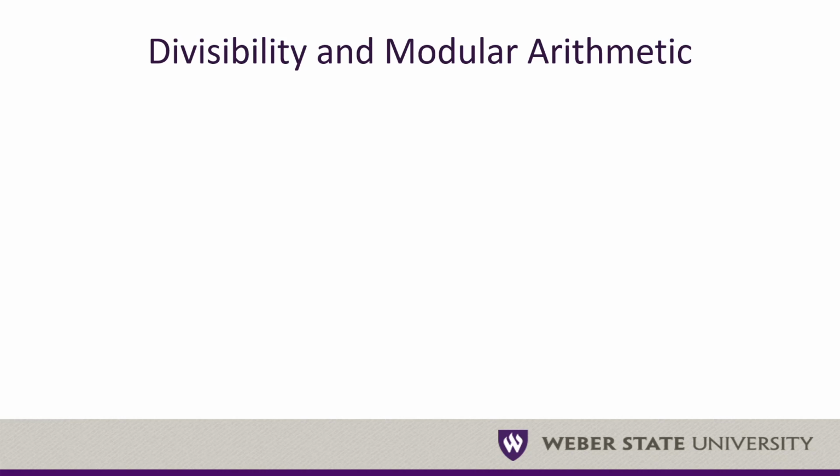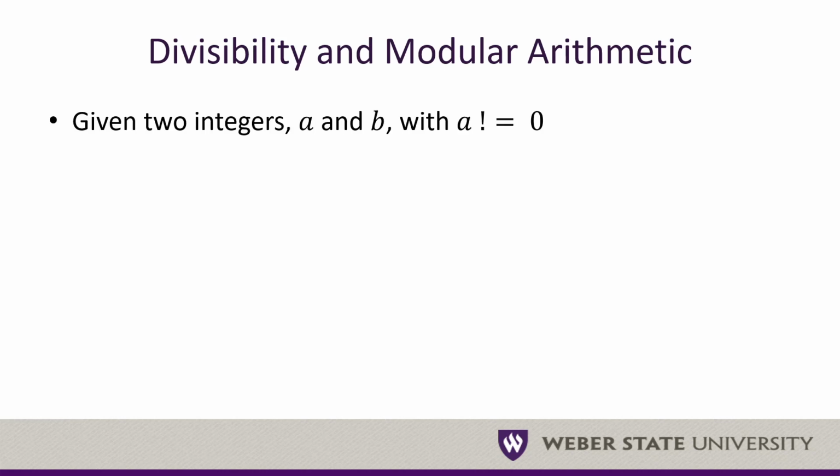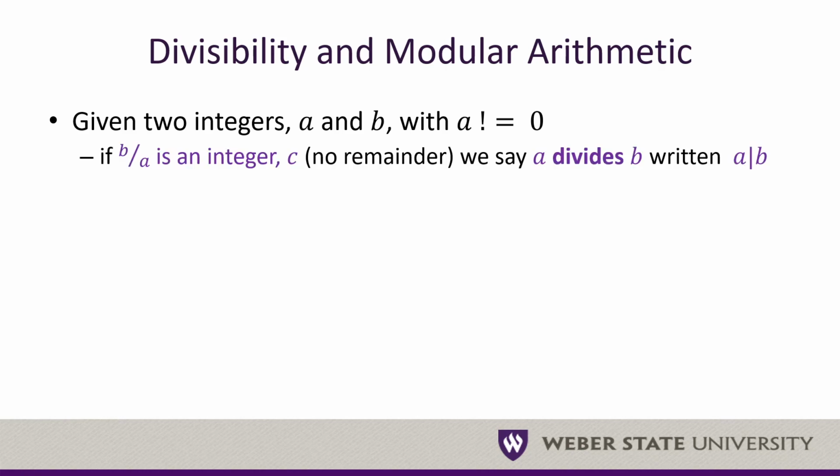So let's get into some number theory now. Divisibility and modular arithmetic. If I have two integers, a and b, and a not equal to 0, we can say that if b is divisible by a, or b divided by a is an integer, in other words, there is no remainder, then we say a divides b. So in this case, a would be our smaller value, and we would say that a is not 0.